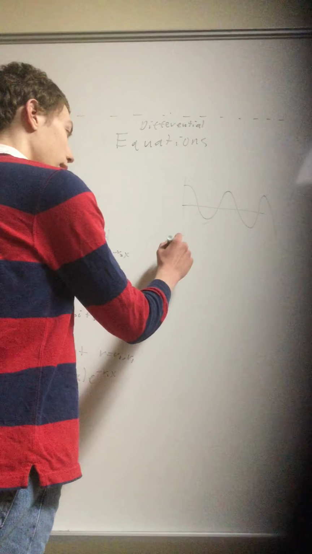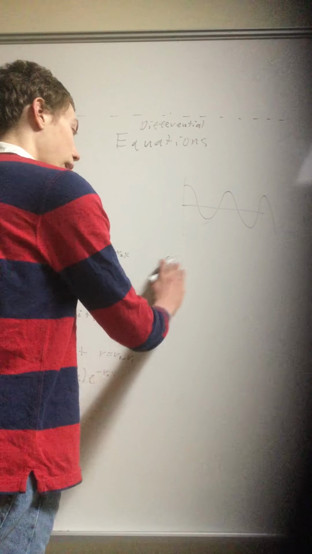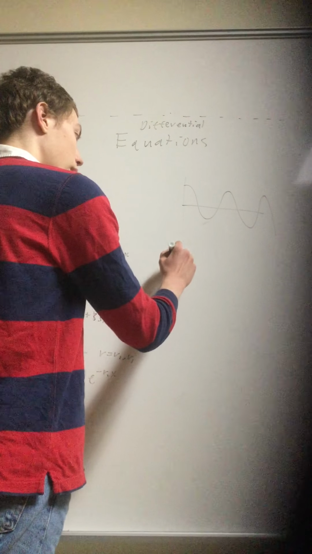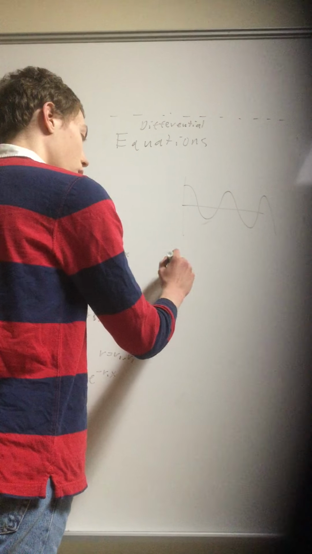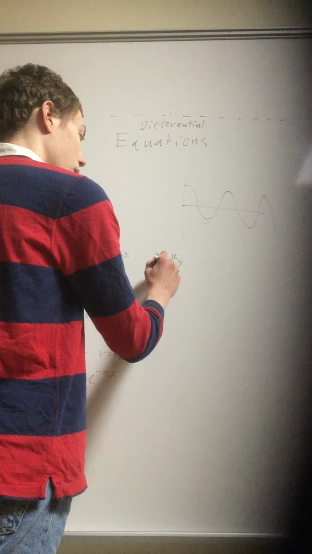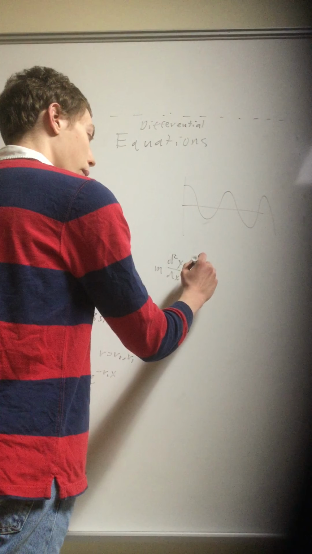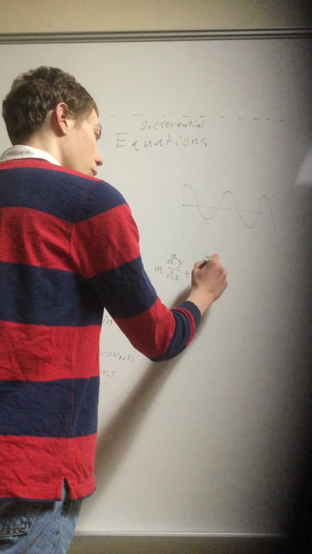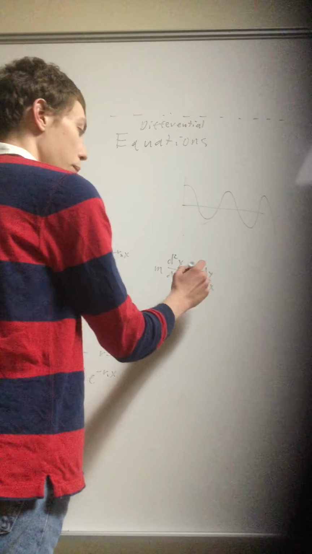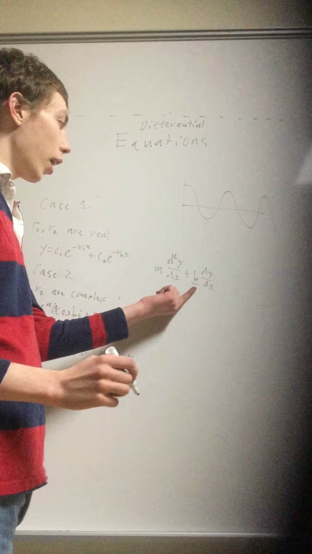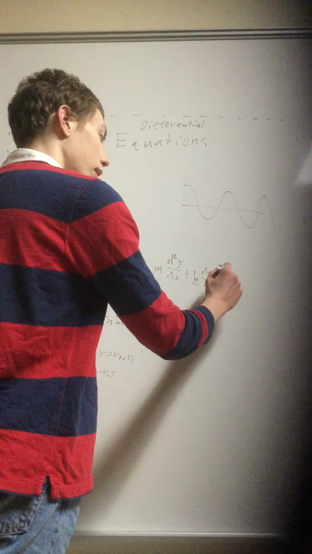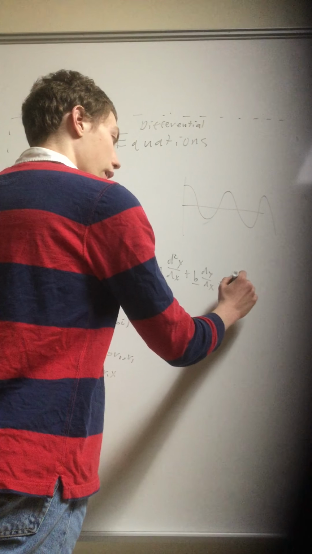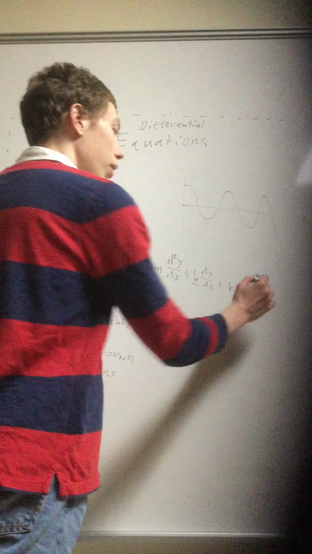If we have air resistance, then our equation is going to look something like d squared y over dx squared plus b dy over dx, where b is a factor related to air resistance that an object encounters, plus ky equals 0.